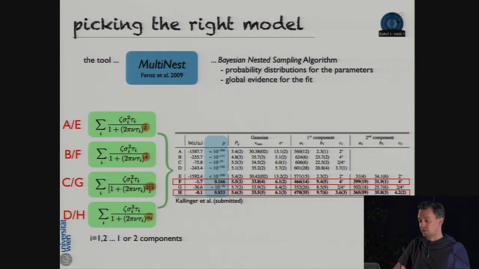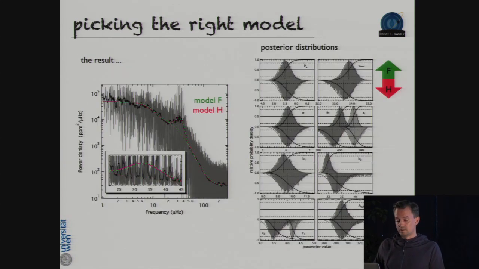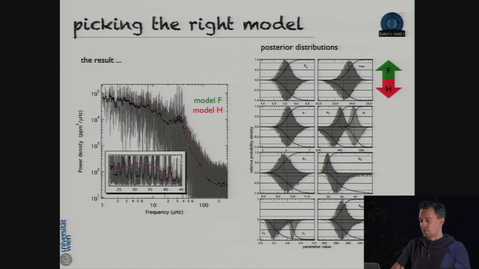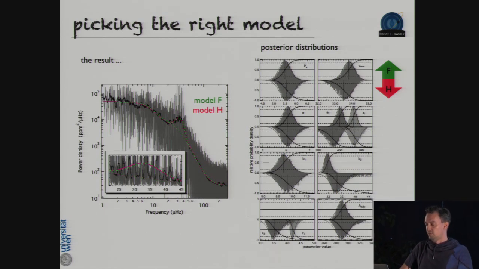We were left with 2 models that basically shared the entire probability cake, but there was not enough evidence to pick one of these models to be the best one. However, it turned out that both models resulted in almost exactly the same parameter values. That's why we decided to go for the simpler model.